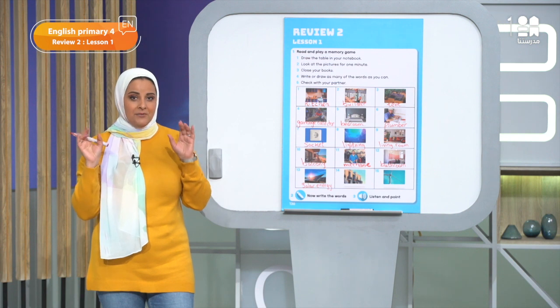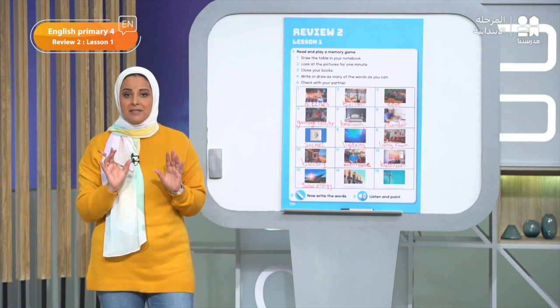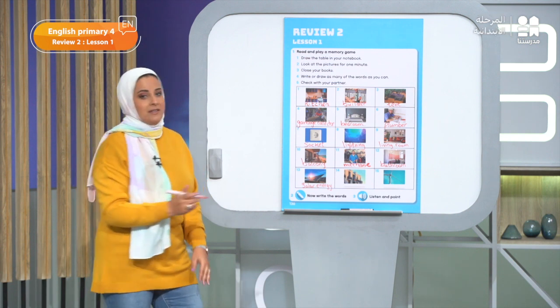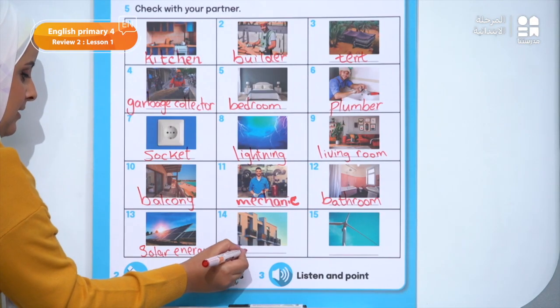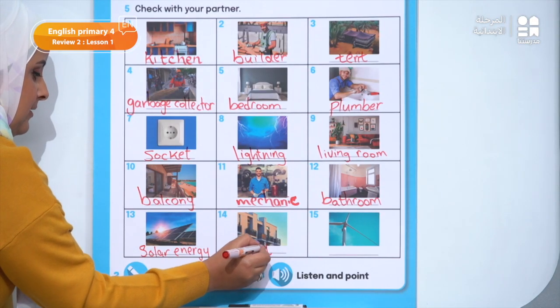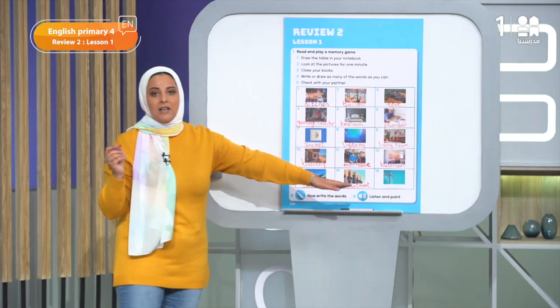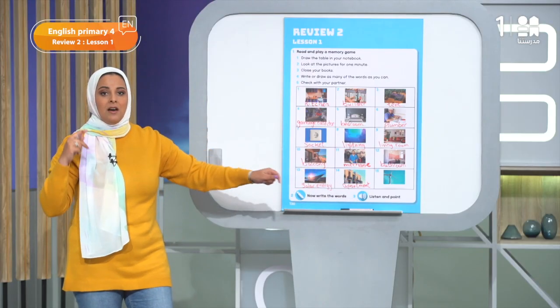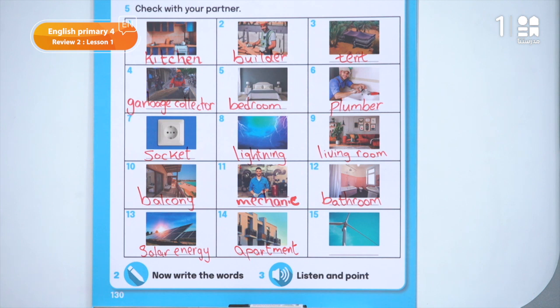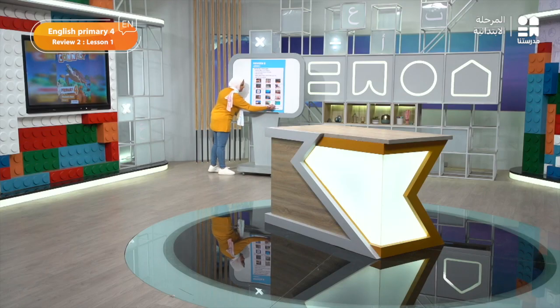We all live in it, I think, so it's an apartment. Very good. Apartment. How about the last one? Another source of energy. It's made by the wind, so wind energy. Very good. So wind energy.